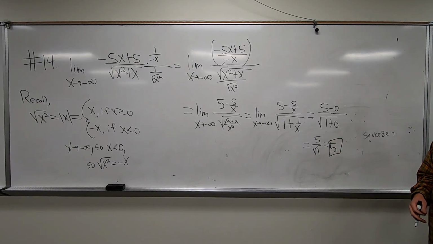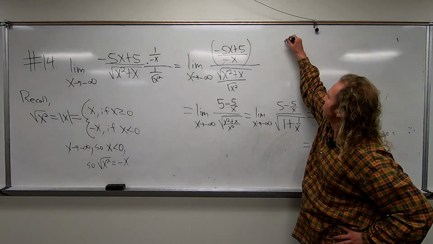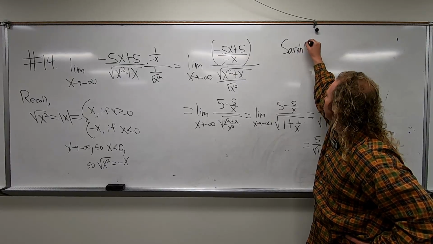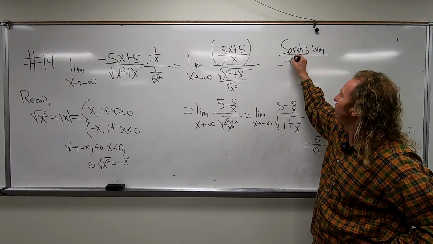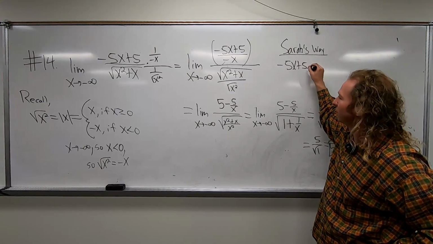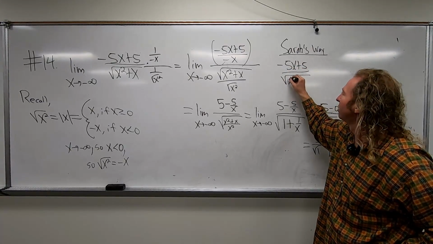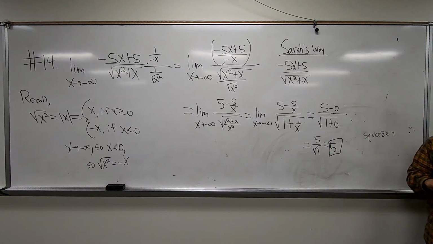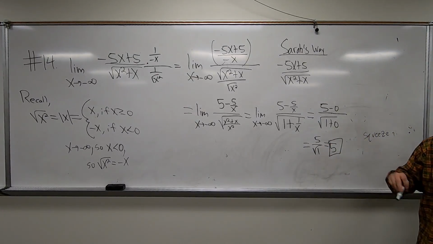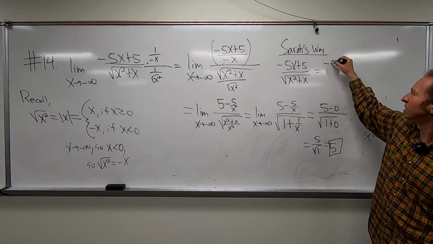Let's do it Sarah's way. So Sarah's way, the ancient method of Sarah, would be to write down this without the limit. And then you can drop the lesser degree terms. So you drop the 5, so you get this.